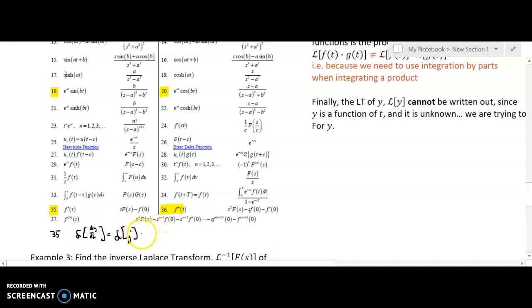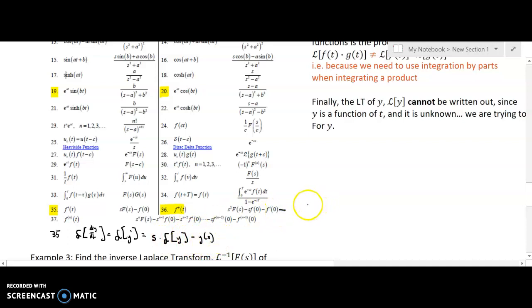That's going to equal s times F of s, that's just another symbol to represent the Laplace of y, minus F of 0, which is actually the initial condition y of 0. So if you want to take the Laplace of a first derivative, it's going to be s times the Laplace of y minus y of 0, which is your initial condition.